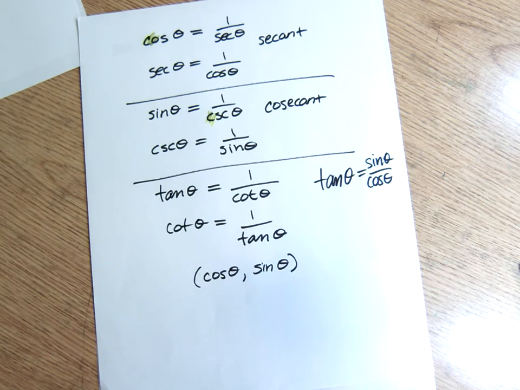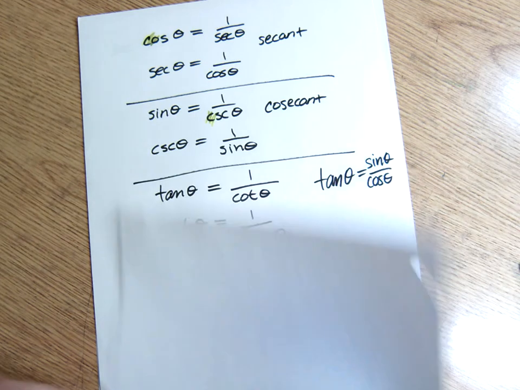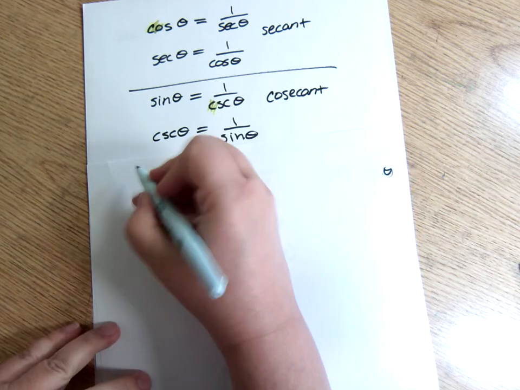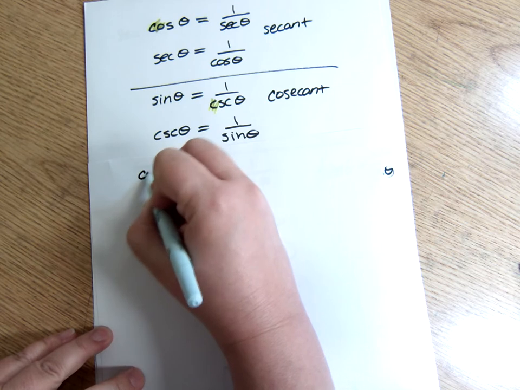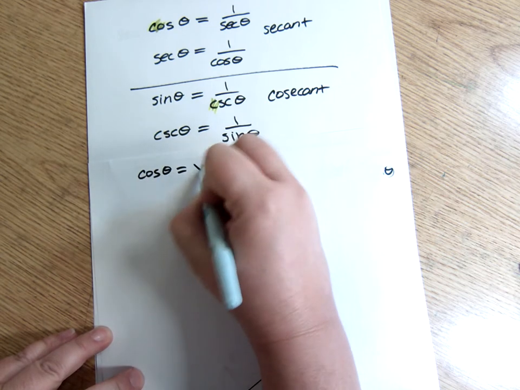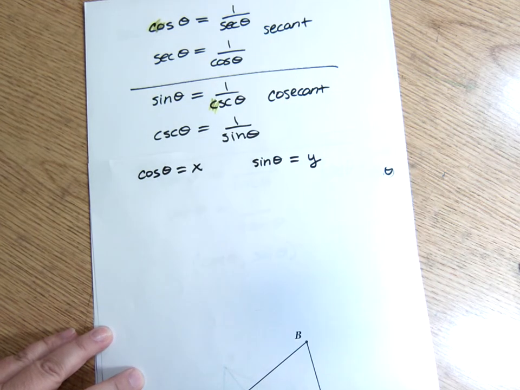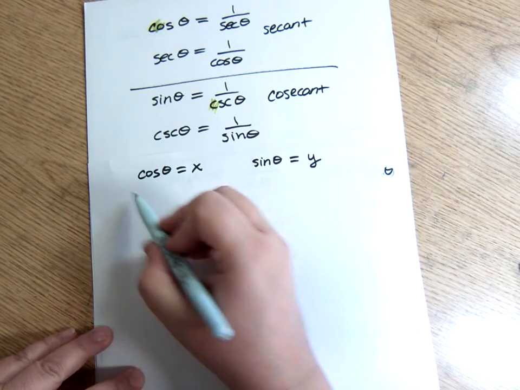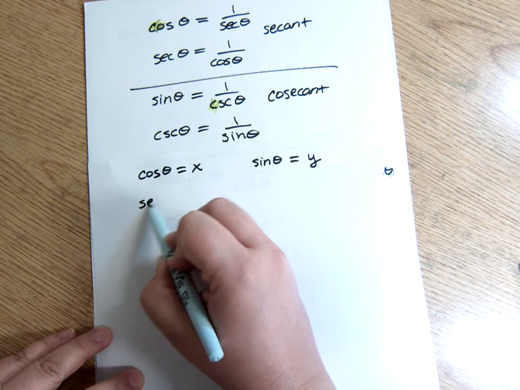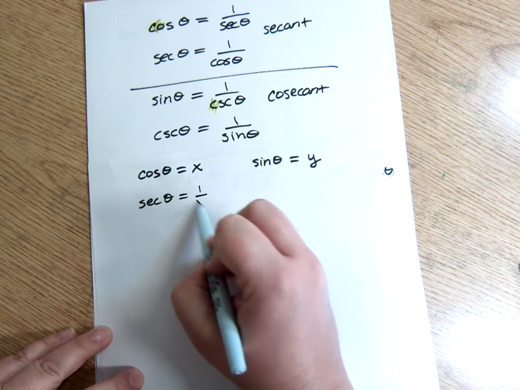I can take the cosine and put it over the sine, or flip this upside down, and that gives me the cotangent. Another way of thinking of it in terms of how does it fit with the coordinates is this, that on the unit circle, we know that the cosine is x, and the sine is y for every point on the unit circle. So then the secant is 1 over x.